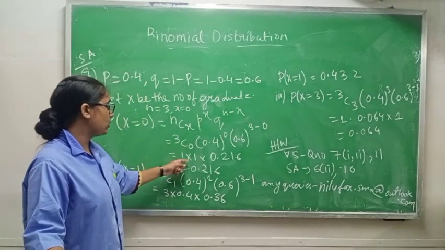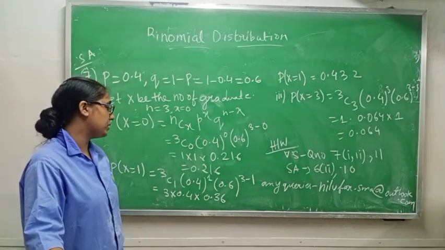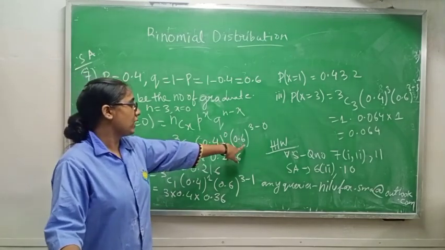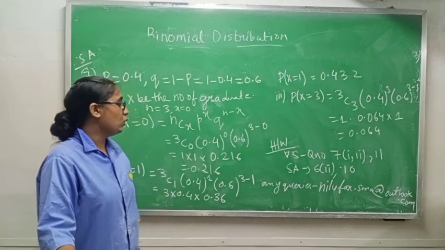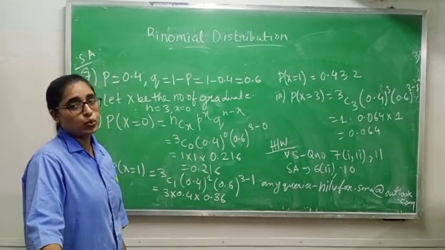Now 3C0 is 1, 0.4 to the power 0 is 1, whenever the power is 0 the value is 1, as you have done in the law of indices. 0.6 to the power 3 gives 0.216, and the answer is 0.216.